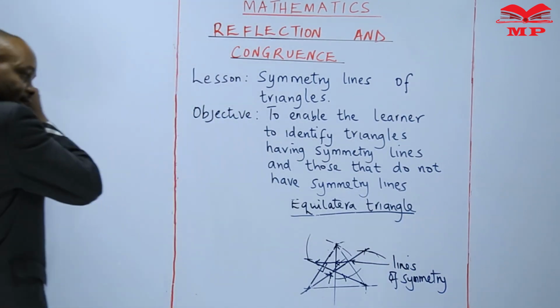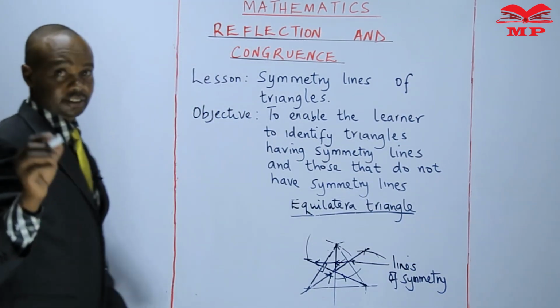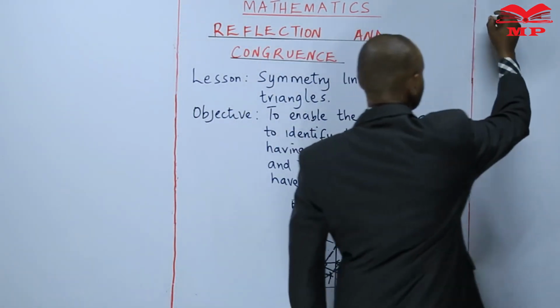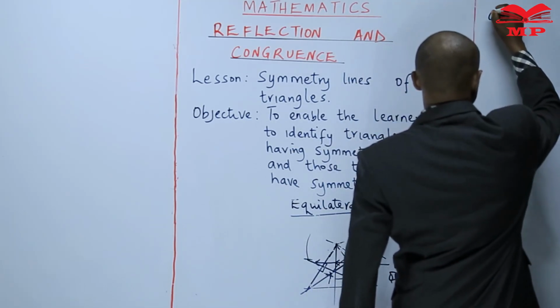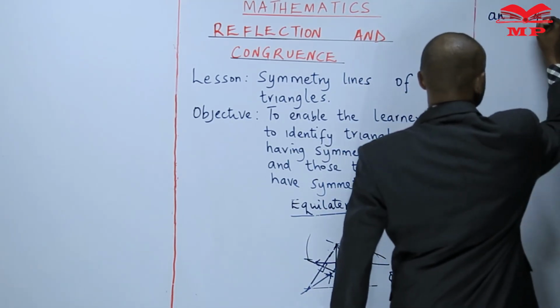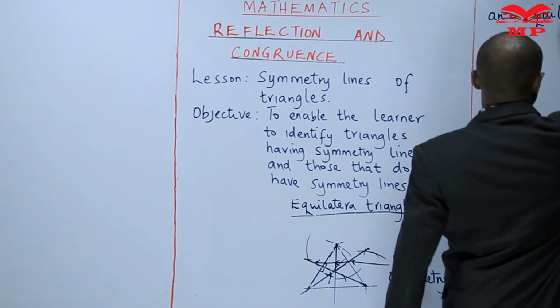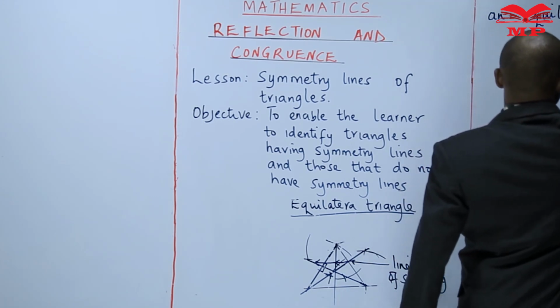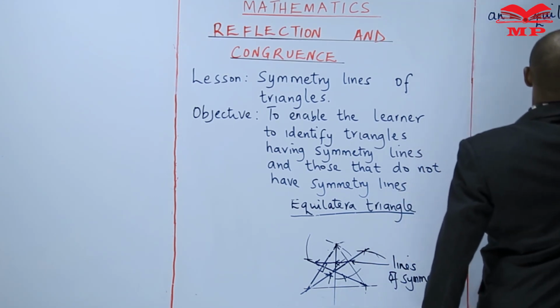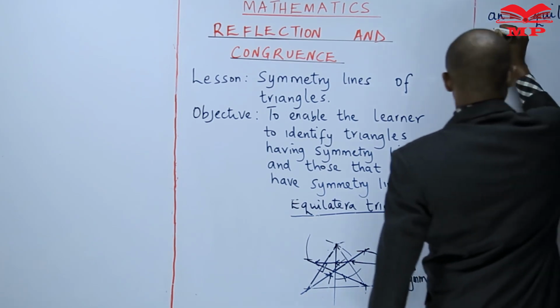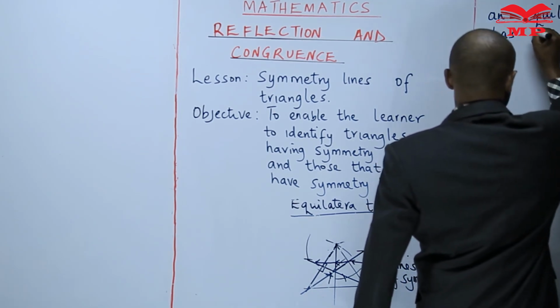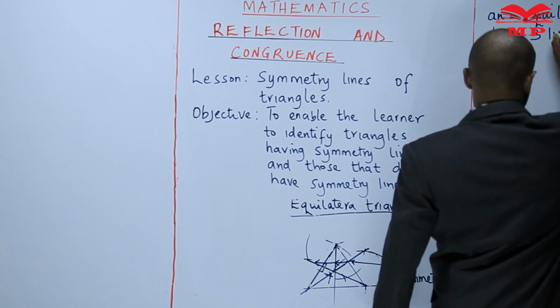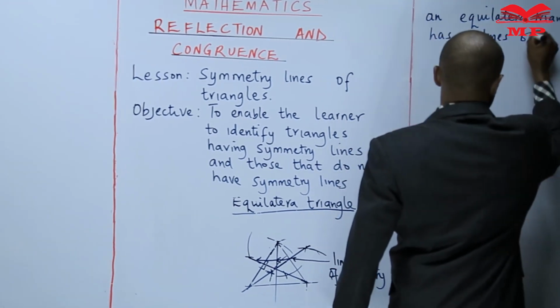So you'll conclude, learner, that an equilateral triangle has 3 lines of symmetry.